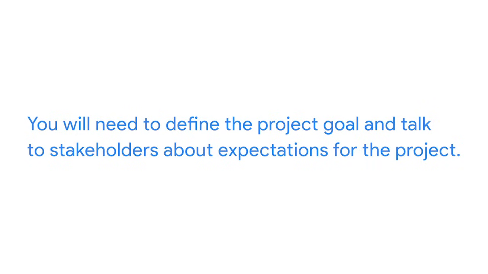Before you begin working on tackling the issue, you're going to need to define the project goal and talk to stakeholders about expectations for the project. In this case, the goal is to take average wait times down to less than 10 minutes on average compared to 30 minutes. Next, it's time to measure how the current process is performing.